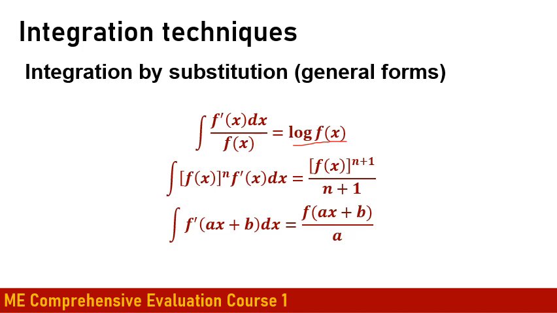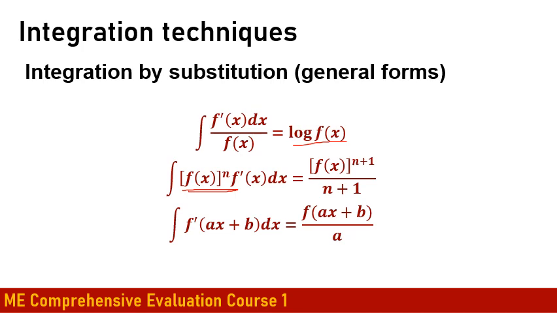We can write that in the form f of x to the n plus 1 over n plus 1, because if you can notice, this function is just the first derivative of the given function being raised to the power of n.